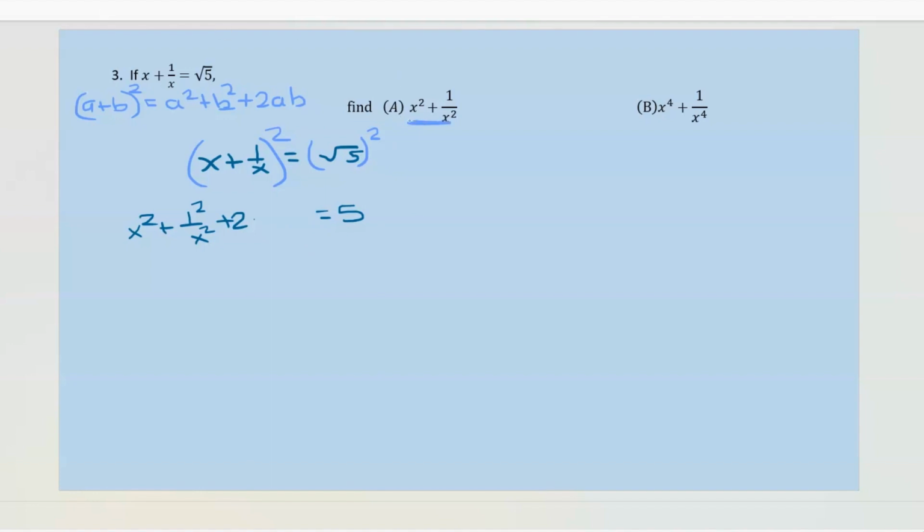We wanted to find x squared plus 1 over x squared. We have x squared plus 1 over x squared. And then here, 1 square is 1, so we can take the 2 out over there. Then to find x squared plus 1 over x squared, we're just going to subtract 2 from both sides, which is going to result in 3. And that's our answer.